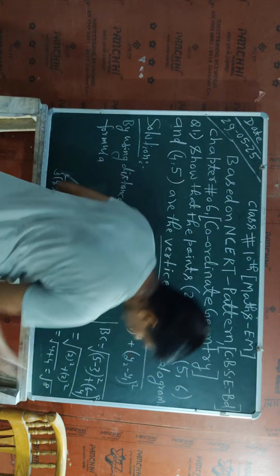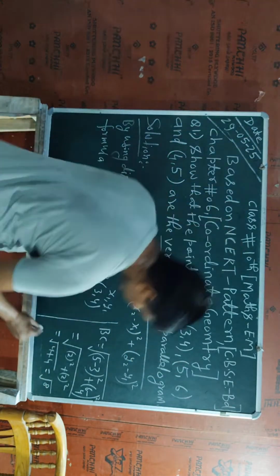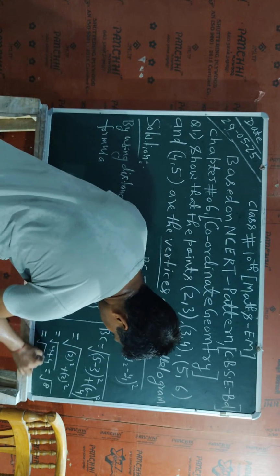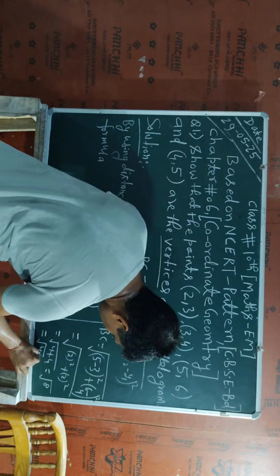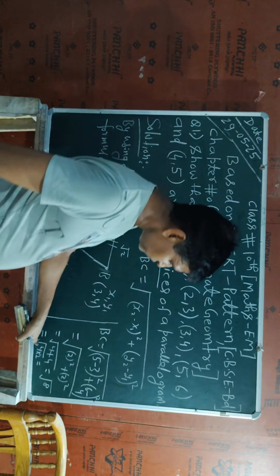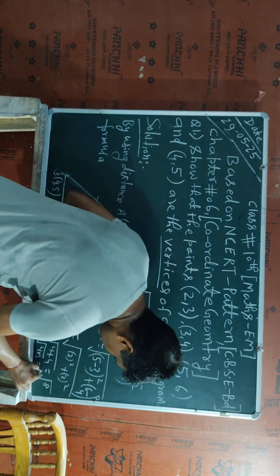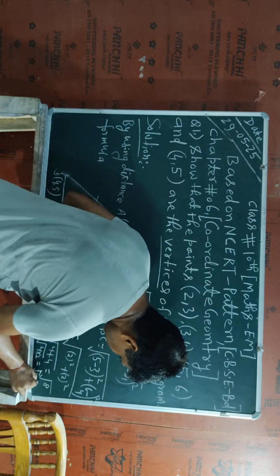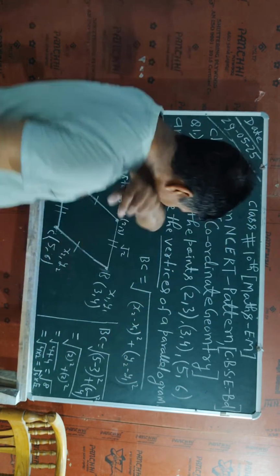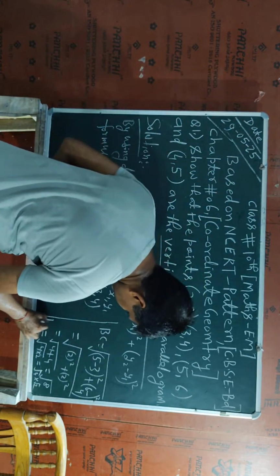Now in the other way, I will write square root of 4 into 2. So I will take the square root as square root 4 into square root 2. So this will be on the left hand side BC.